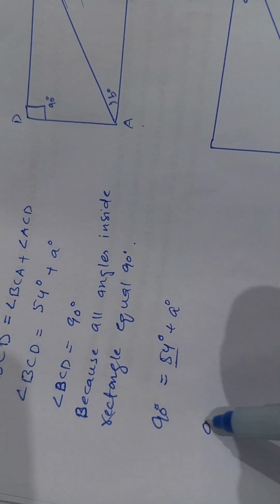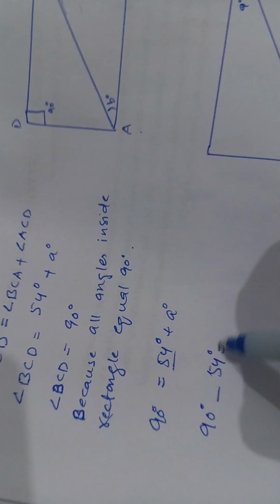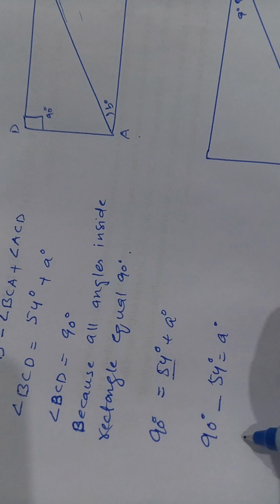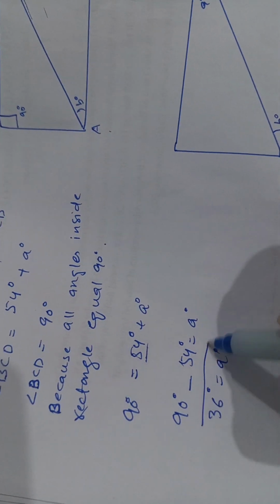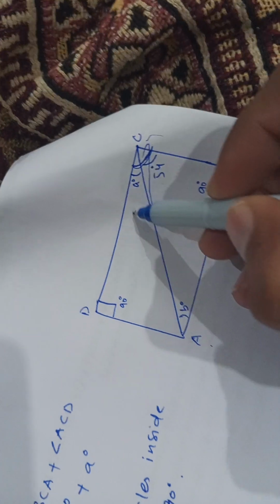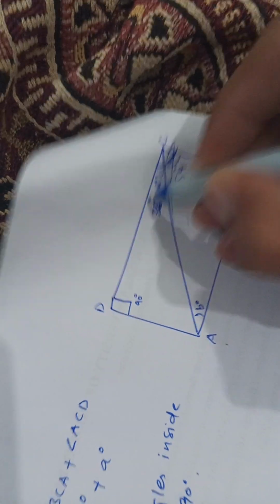It will become negative. 90 degrees will remain the same, minus 54 degrees equals A degrees. If you subtract 54 from 90, it will equal 36 degrees. So this is the value of A. Since we know the value of A, we'll write it here as 36 degrees. So now we have found the value of one angle that we had to find.